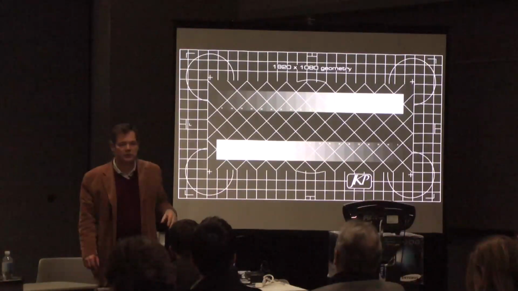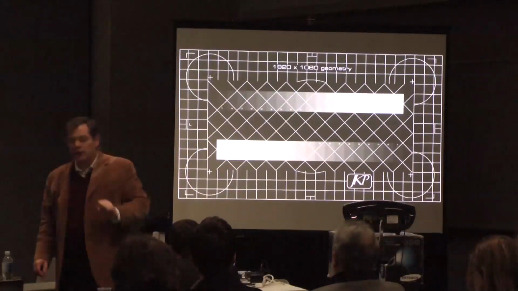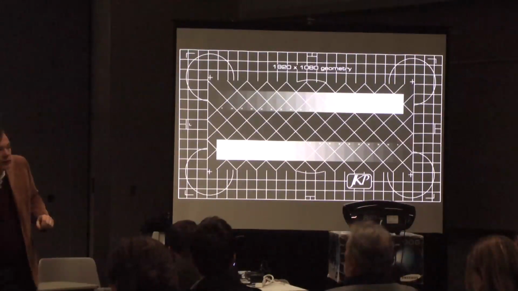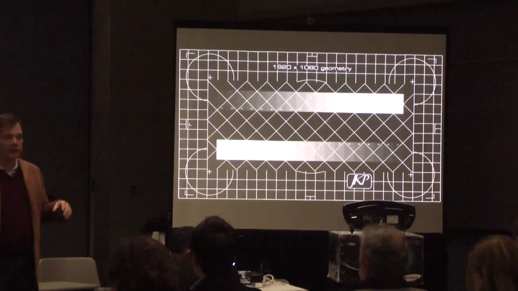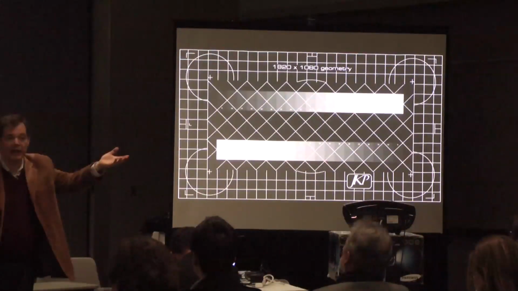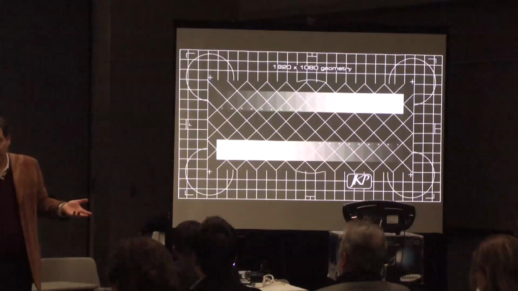First of all, does everybody know what ghosting is all about? All right. Ghosting occurs, first of all, you have a left image and a right image. Ghosting occurs when information from the left image gets into the right eye. Well, how's that possible?